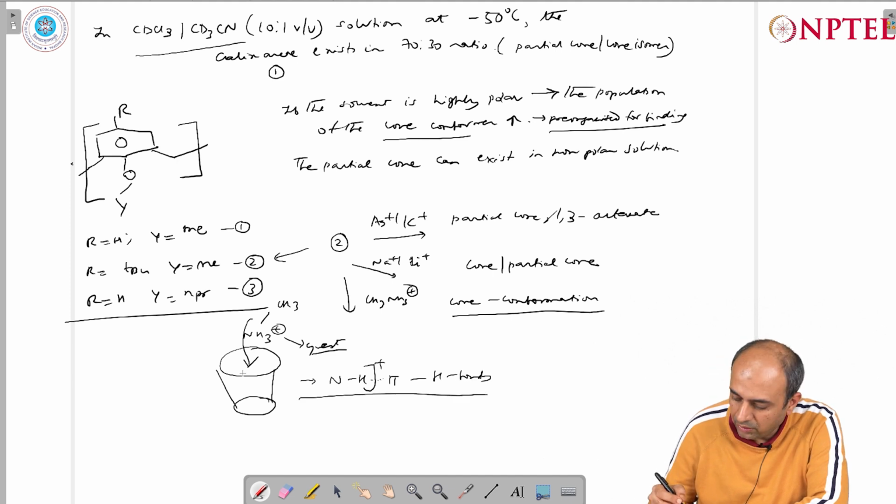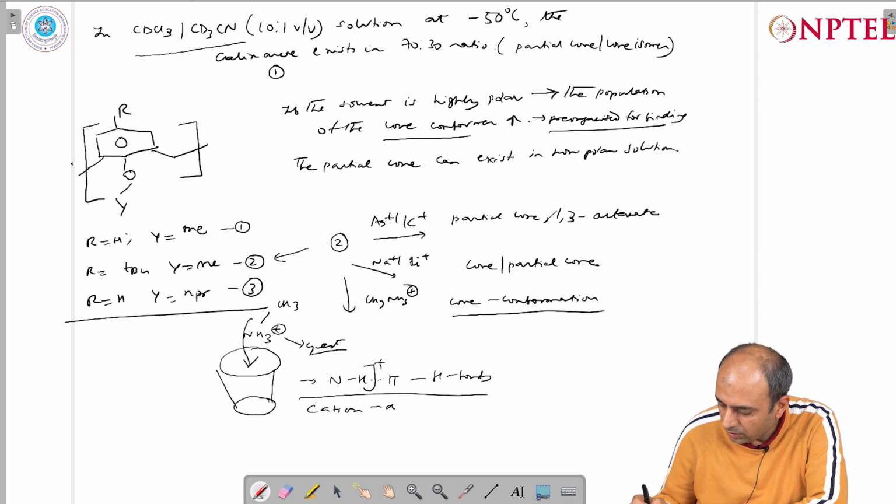Again, this is preferred because you still have the cation dipole interactions. Overall, this is the cationic species which interacts with the calixarene moiety and gets stabilized by NH-pi hydrogen bonds.